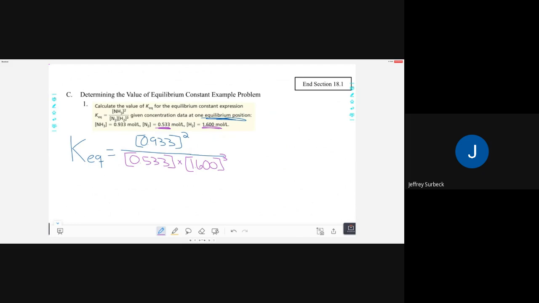So our KEQ equals 0.399. Now, with 0.399, do products or reactants dominate? Reactants. Why reactants? Because there's more.